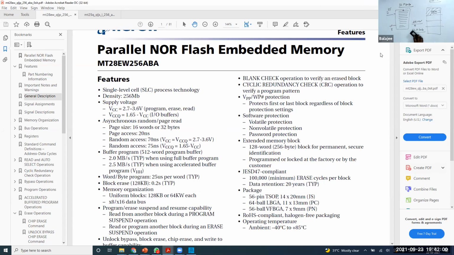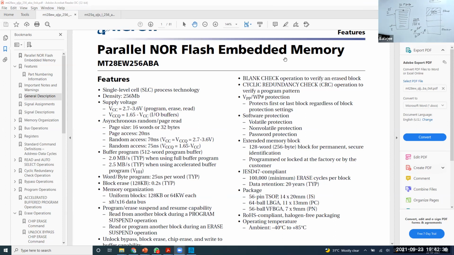Now you see here, this is 32 megabyte, and 32 mega divided by 128K. 32 mega is 2 power 25. 128K is 2 power 17, so 2 power 8. That means I have block 0 to block 255. Yeah, you are right, 256 blocks. Somebody has given a correct answer.